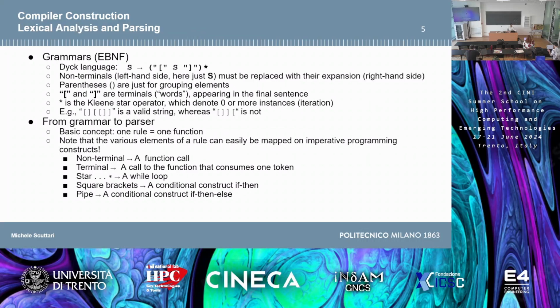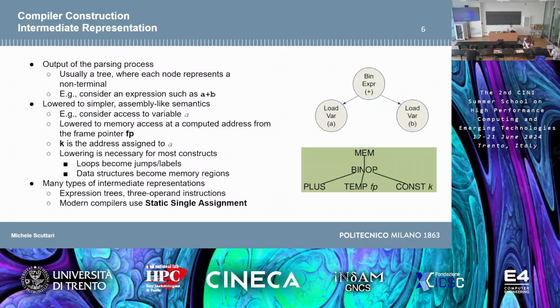Then, after this construction, we need to move into the intermediate representation. An intermediate representation can be the tree itself, okay? But usually this is not a very effective representation. Why?